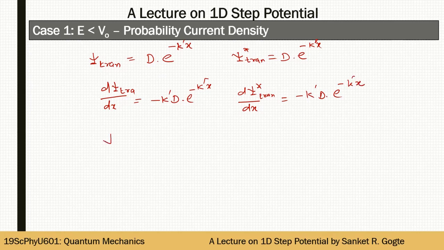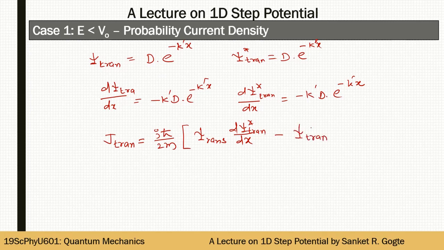And if we calculate J transmitted now, then in this equation, i h cross by 2m, I have psi transmitted into d psi star by dx minus psi star transmitted into d psi transmitted by dx.